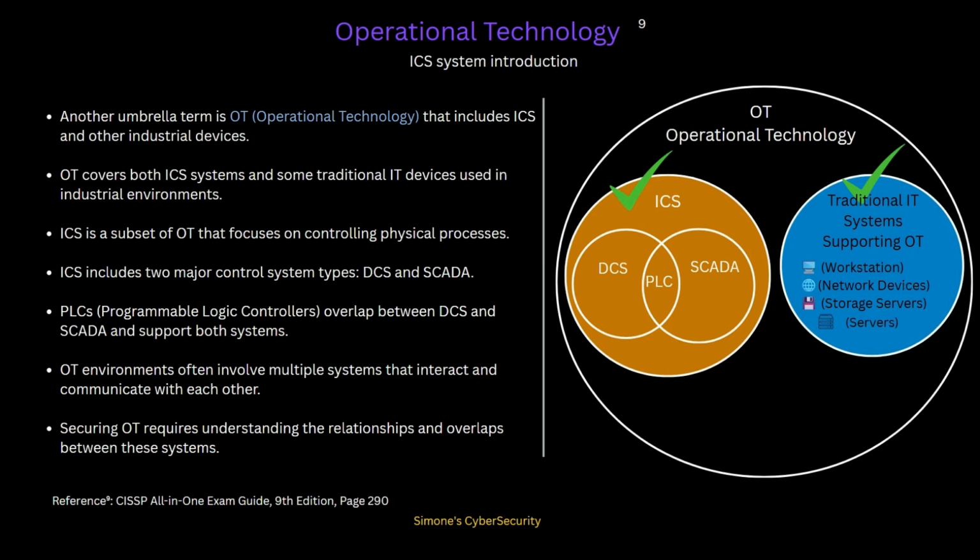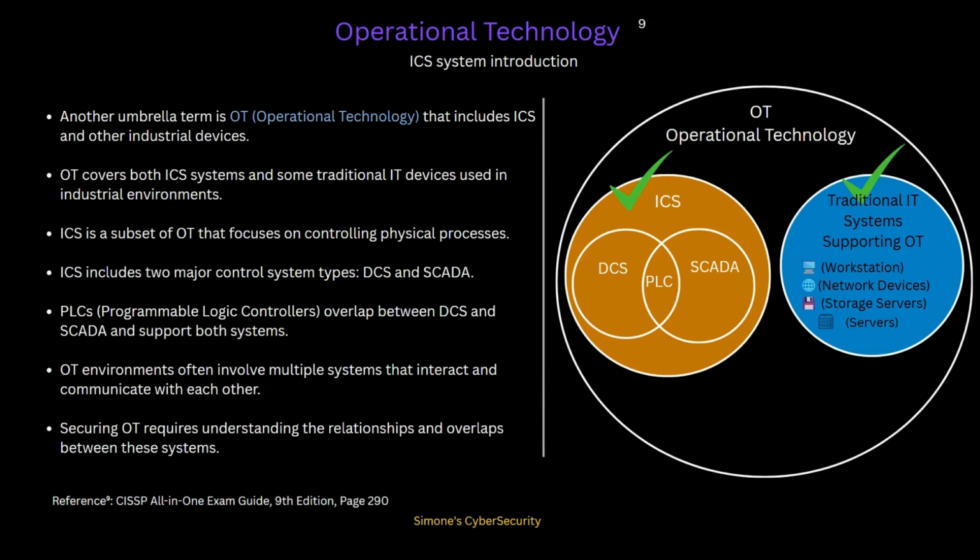And securing OT then isn't just about protecting the ICS in isolation. It's also about understanding the relationship between the traditional IT systems and the industrial control systems and some of the components that overlap between them, like PLCs.